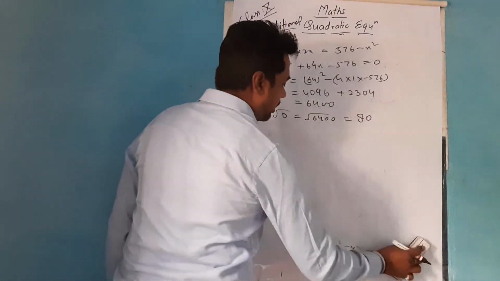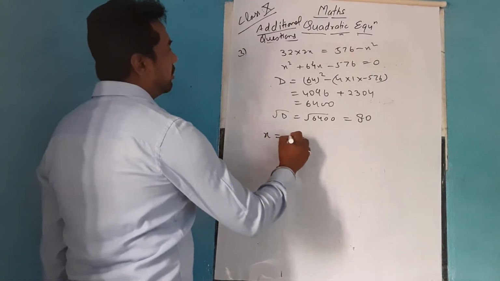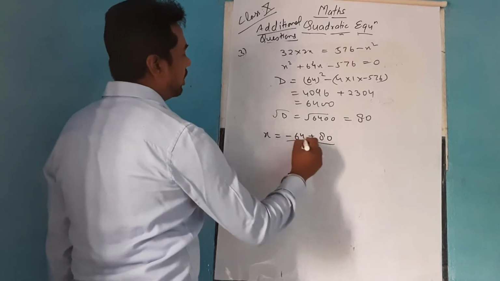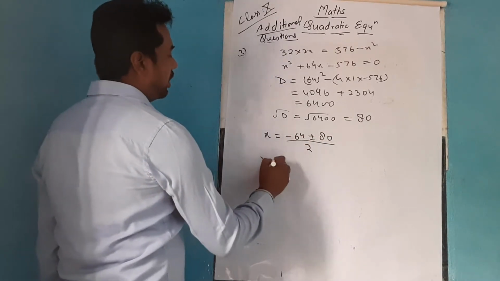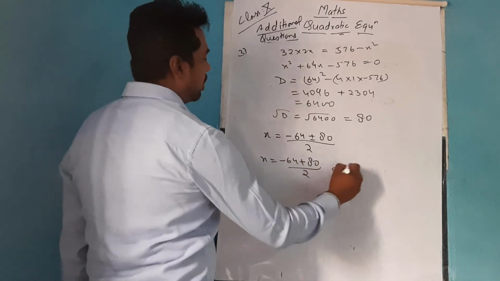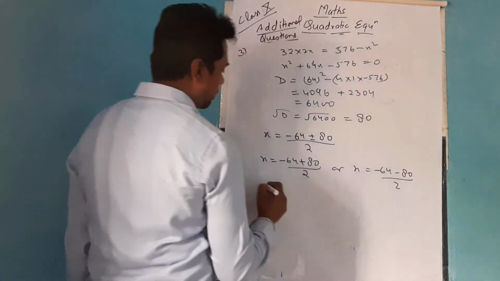Now we'll get the value of x, as x is given by minus b plus minus under root d by 2a. So the value of x will be minus 64 plus 80 by 2, or minus 64 minus 80 by 2.